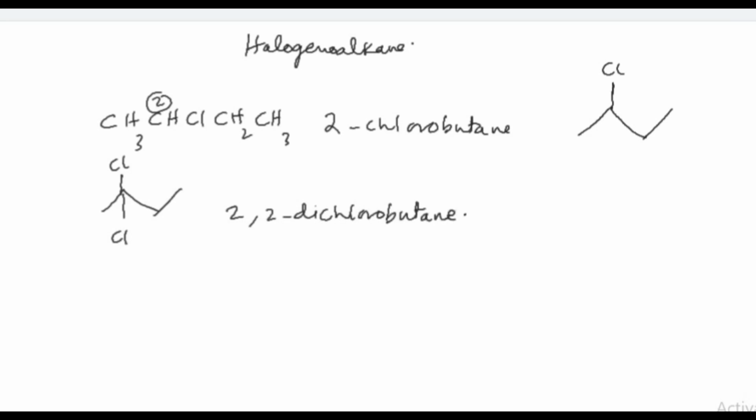If your organic compound contains more than 2 halogens, then you can say trichloro. So the number of halogens may be increased.